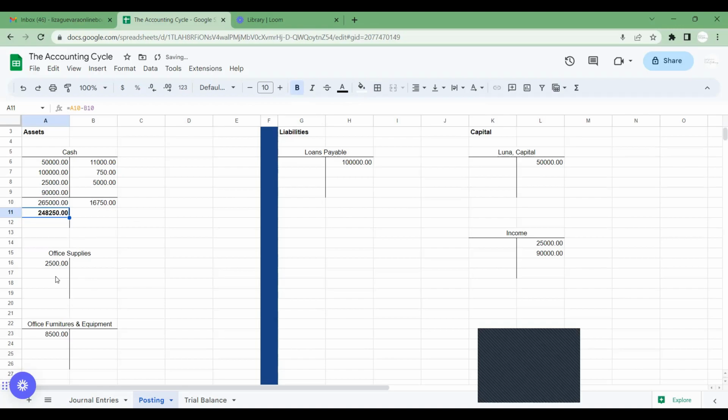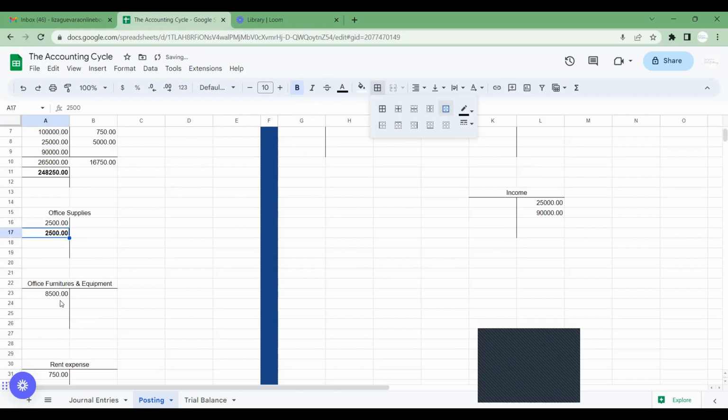And the balance of your office supplies is this one. The balance of your office furniture and equipment is this one.